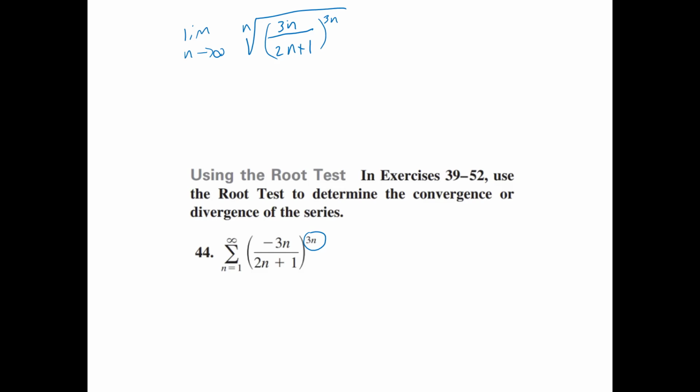And so the nth root of this to the 3n, if it makes it easier for you, you can rewrite this as the limit as n goes off to infinity of 3n over 2n plus 1 to the 3n raised to the 1 over n.